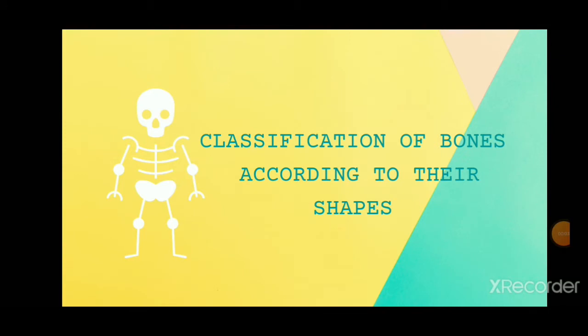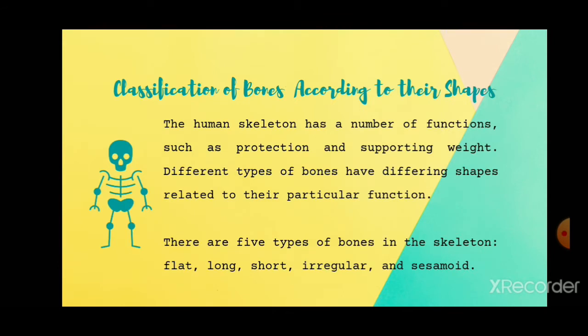Now let's move on to the classification of bones according to their shapes. There are numbers of bones in a human skeleton. At sa isang adult human skeleton, mayroong 206 bones to be exact. At itong mga bones na to, they serve as protection at pati na rin para masuportahan ang body weight.